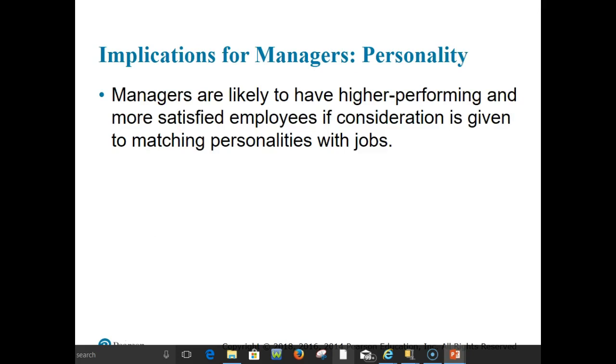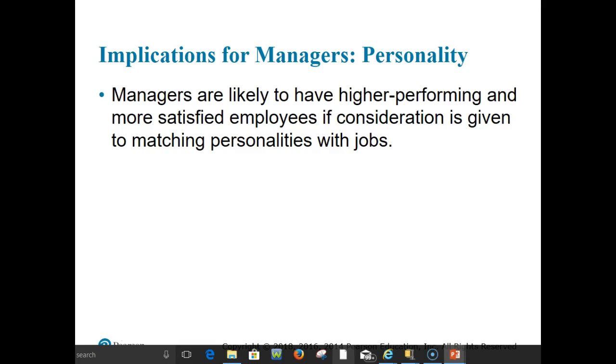Now, the best documented personality-job fit theory was developed by psychologist John Holland, who identified 6 basic personality types. This theory states that an employee's satisfaction with his or her job, as well as his or her likelihood of leaving that job, depends on the degree to which the individual's personality matches the job environment.